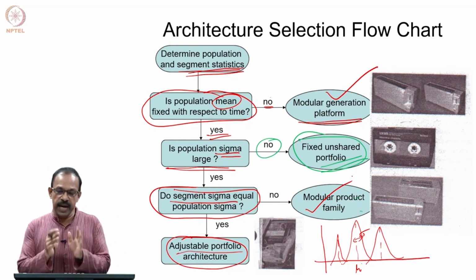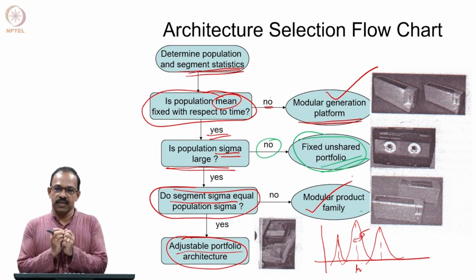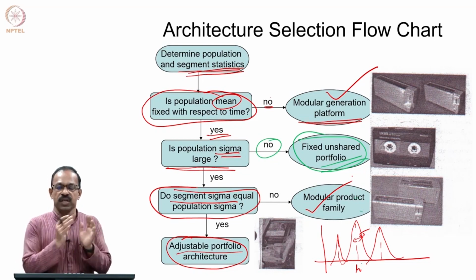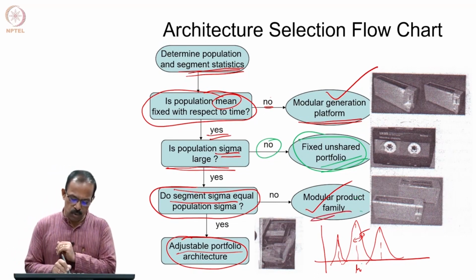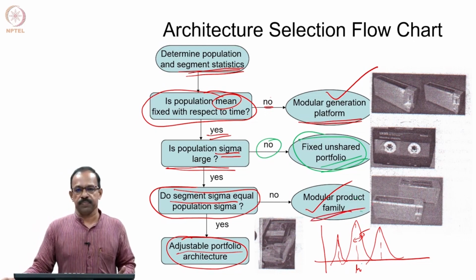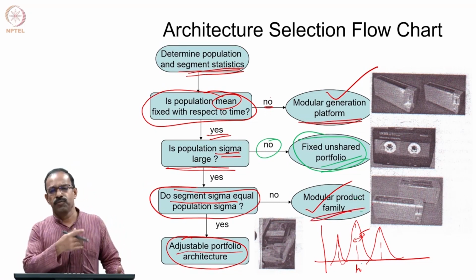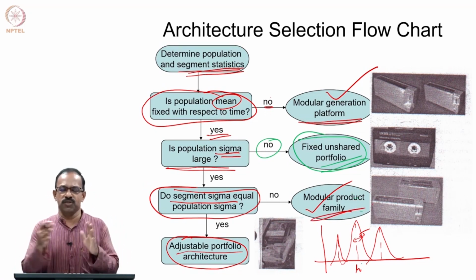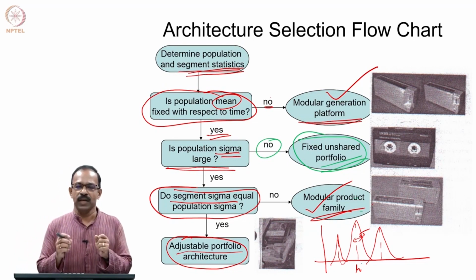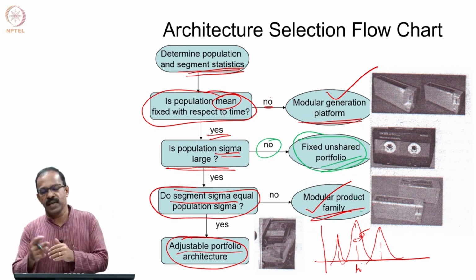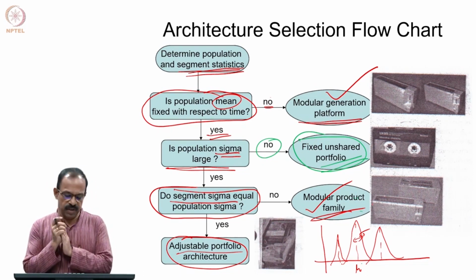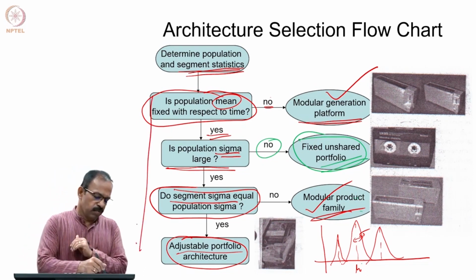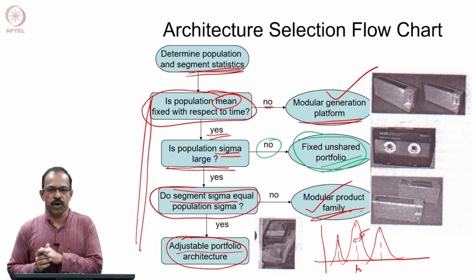That means you can identify segments where the variations are very small, and then for each segment we will be able to produce products. That is basically a modular product family. So you can have a few members in the family, and each product will be designed in such a way that it can meet the requirement of a particular segment of customers. So that is the way we decide the portfolio architecture of a product.